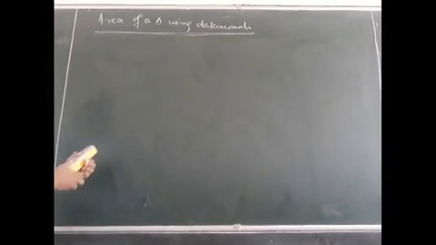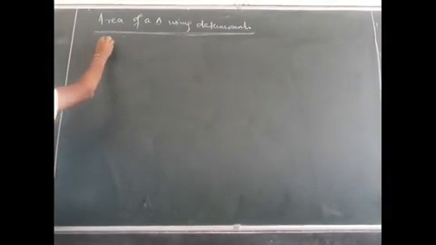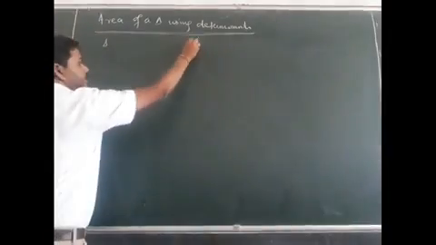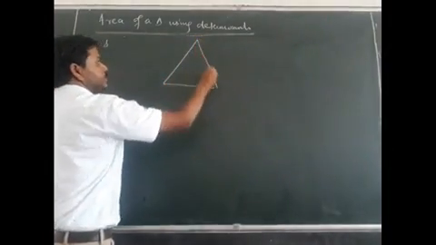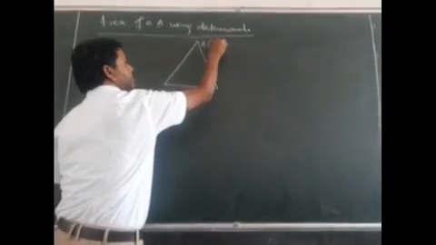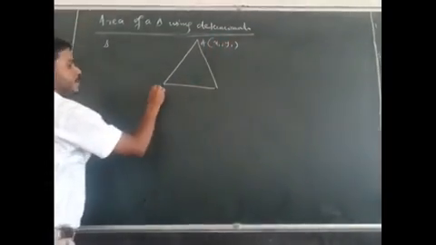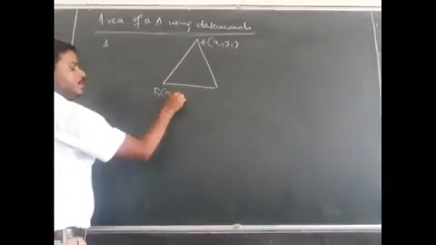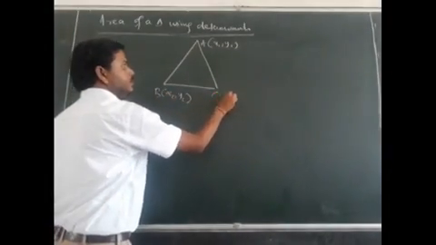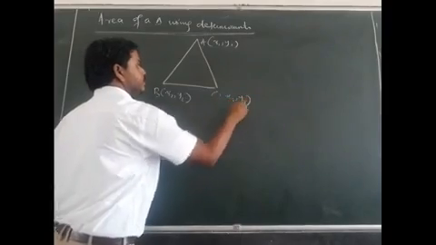So for that, what we will do? First, I will take a triangle. Suppose I take a triangle like this. This is A having coordinates x1, y1, B having coordinates x2, y2, and C having coordinates x3, y3.